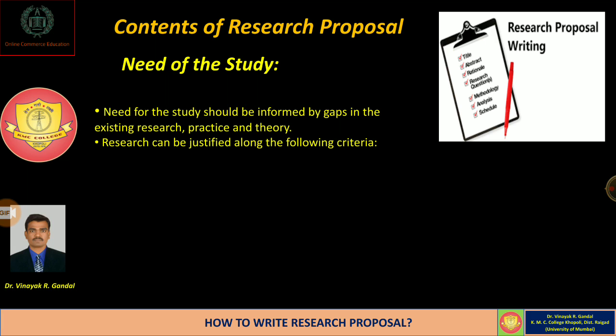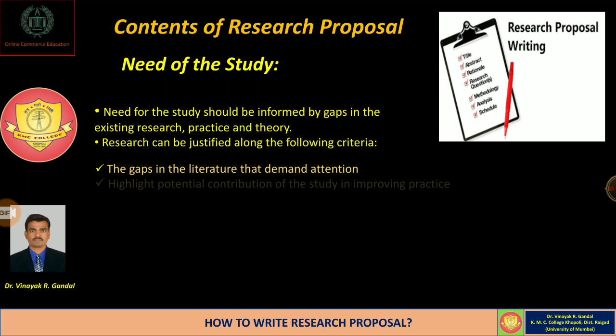Research can be justified along with the following criteria. So each researcher needs to consider these things, that is the gaps in the literature that demanded attention. So it is a must for all of us to identify the research gap in the research field by way of taking literature review.